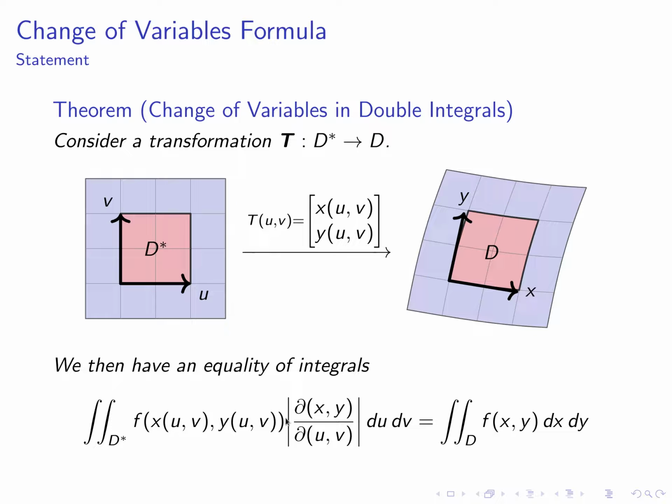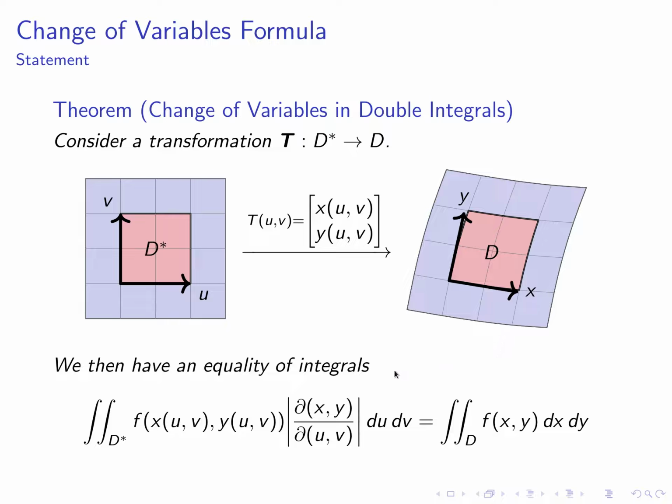And then we need to multiply by the absolute value of the Jacobian determinant of the change of variables function. By multiplying by this absolute value, we're accounting for how area is stretched under this change of variables. So this completes the picture, and this answers the question.